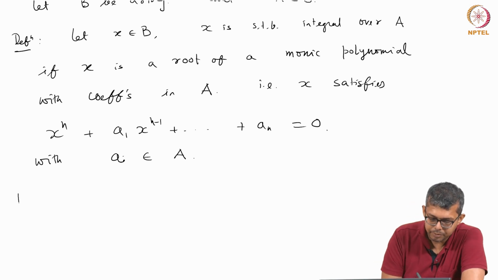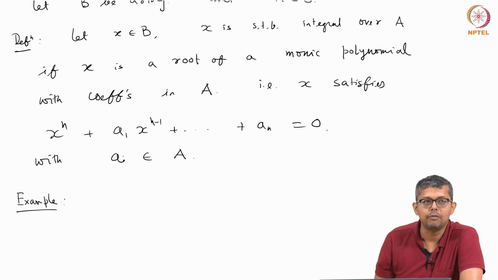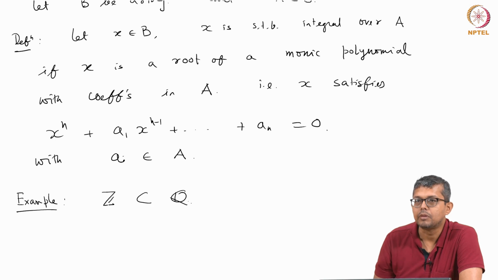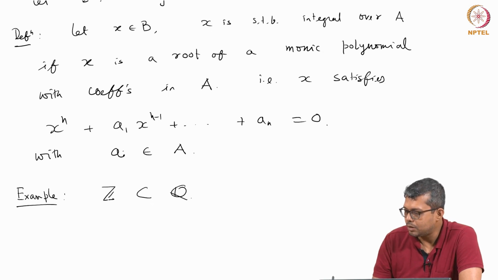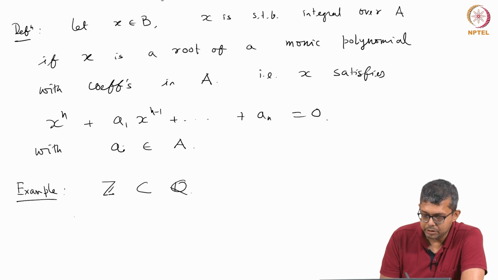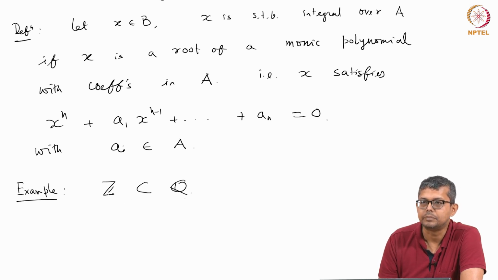So, an example. Whenever we think of examples in commutative algebra, we go back to the basic example, the ring of integers. You take A to be Z and B to be Q. Now from the division algorithm, you will see that if you have an element of Q which is integral over Z, it has to be an integer.